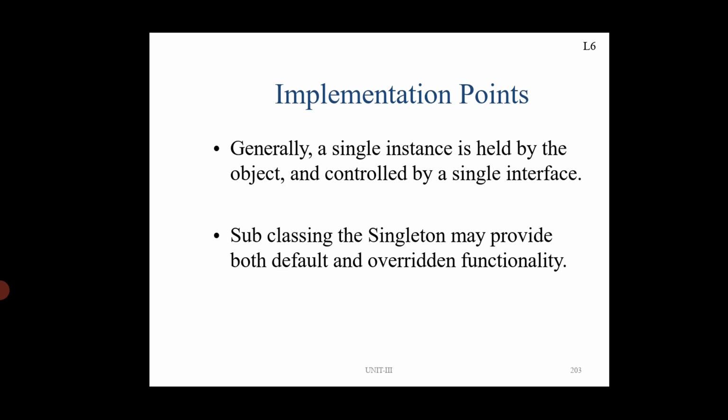Generally, a single instance is held by the object and it is controlled by a single interface. And one more implementation point is subclassing the singleton class. It may provide both default and overridden functionality.